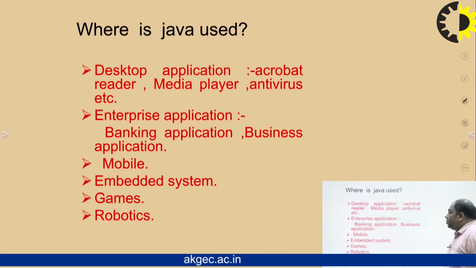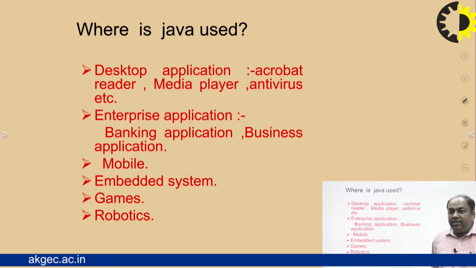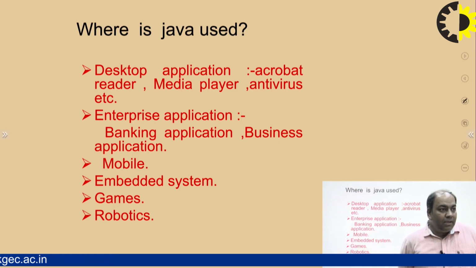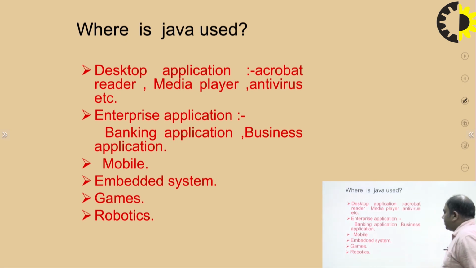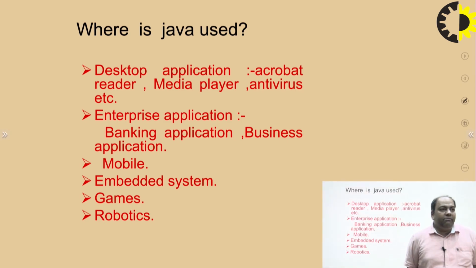While I talk about enterprise applications, banking applications and business applications in their initial times were all developed in Java. In desktop applications, software like Acrobat Reader, Media Player, and Antivirus are also developed using Java.